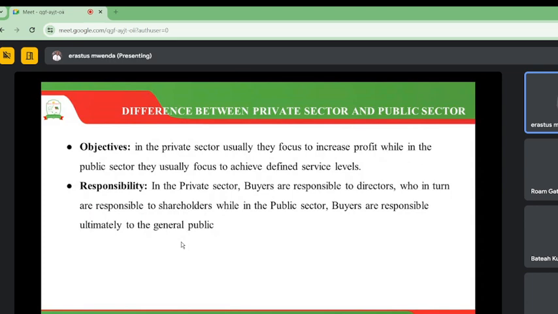So in the private sector, buyers are responsible to directors, who in turn are responsible to shareholders, while in the public sector, buyers are ultimately responsible to the general public.